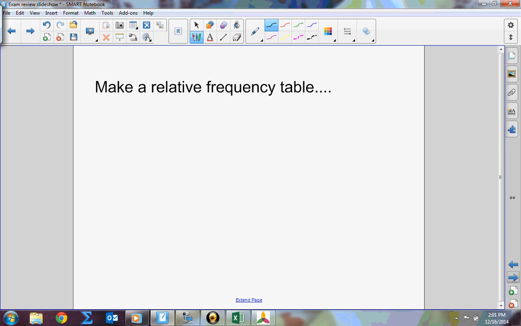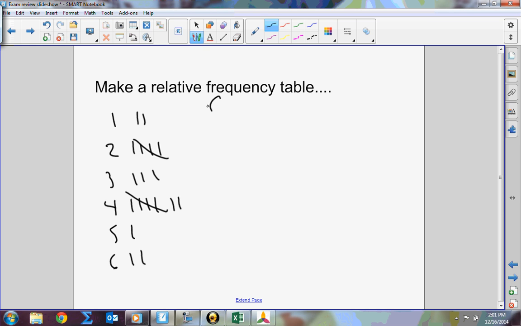Alright, let's see what else we got. Make a relative frequency table. So let's pretend I had lots of time and I was rolling a die. 1, 2, 3, 4, 5, 6. And I roll that die a number of times. I want to see if this is a fair die or not. Alright, and so my frequency would be 2, 5, 3, 7, 1, 2.